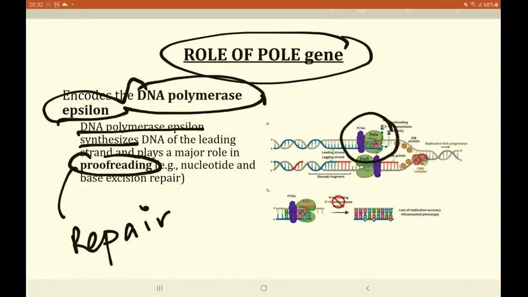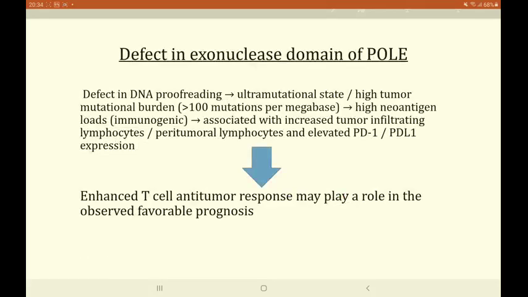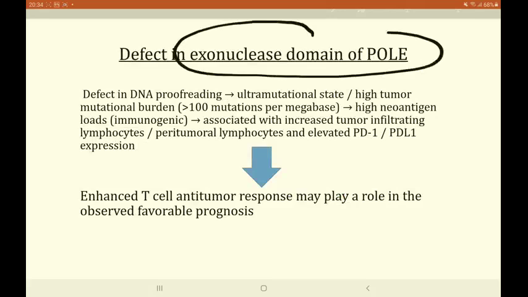So if the DNA polymerase epsilon gene does not work well, the function of repairing is deprived. There is a defect in the exonuclease domain of the POLE gene, which results in defective DNA proofreading, or repairing of the DNA.